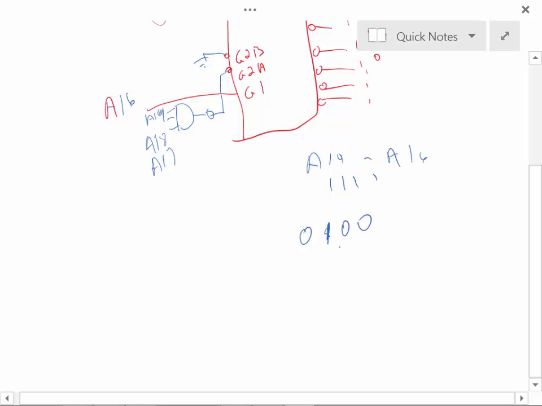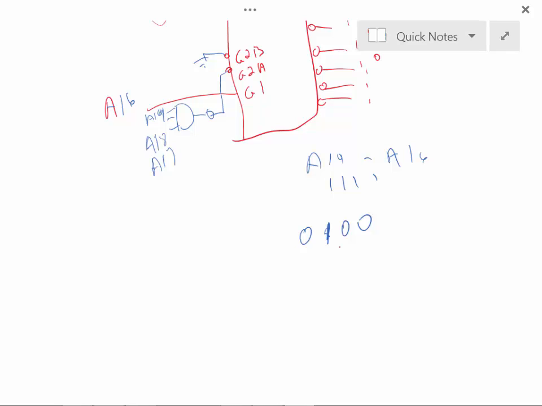So what that is going to involve is that we're going to change. We want A19 to be a 0, A18 to be a 1, A17 to be a 0, and A16 to be a 0. So really all we do is add 3 inverters to this problem.